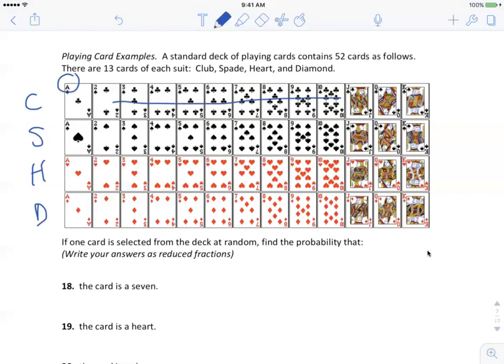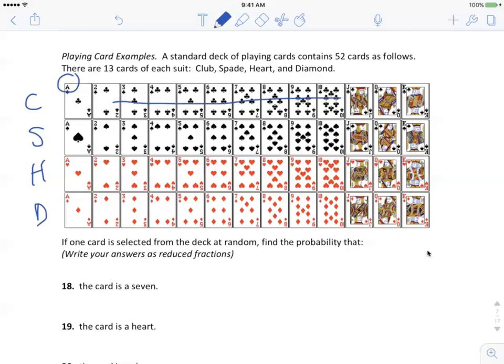It might be worth getting yourself a deck of cards to get familiar with it, or use this image when you're answering questions about the cards. I'll refer back to it when we answer the questions below. It's a nice way to demonstrate some concepts in probability. That's why we're using playing cards.